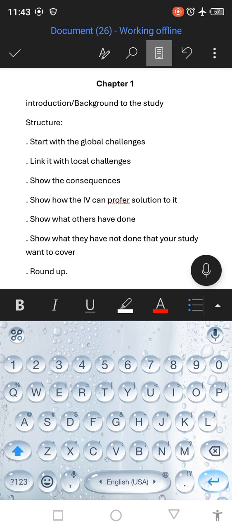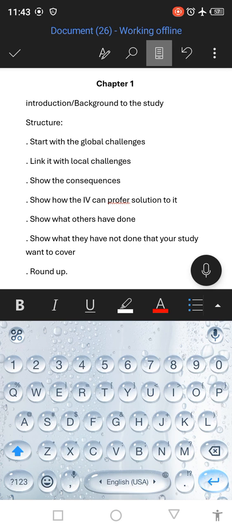So, while writing your introduction or background to the study, whatsoever you are writing must start with your dependent variable. This is because the dependent variable is the one that has a problem, not the independent variable. As the name goes, the independent variable is doing fine on its own. Nothing affects it. But the dependent variable is the one that is affected by the independent variable. So most often, it is the one that has problems and challenges.